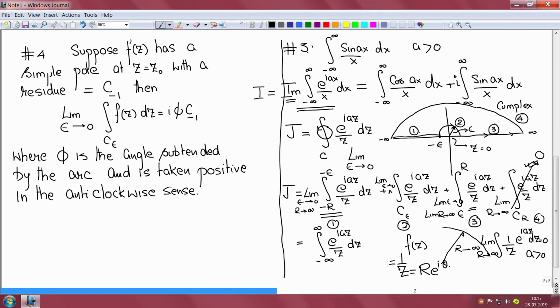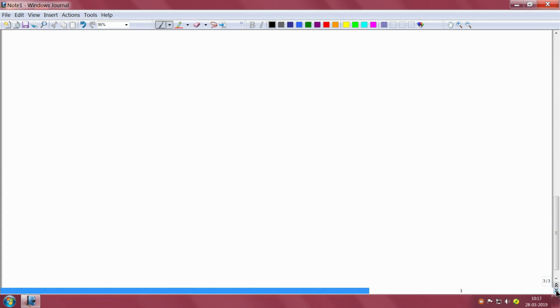Okay. Now we have the third portion. The third portion is this integral over C epsilon e to the power of i a z by z dz.